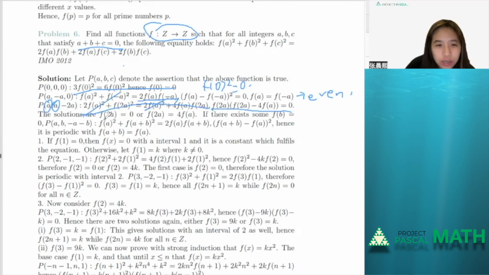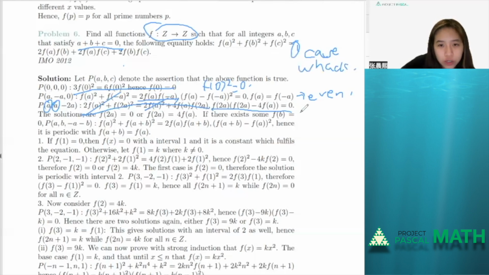So the solutions are f(2a) equals 0, or f(2a) equals 4 f(a). Then you have two solutions and you begin case whacking. So for functional equations, you also need to case whack.